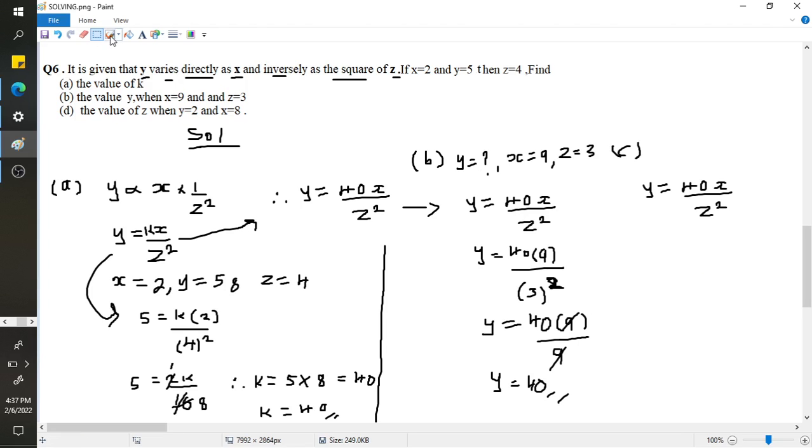Let me just change this. So we have y. Now let's get the values. So this time we want to calculate the value of z when y is given to be 2. x is given to be 8. That's what we have.